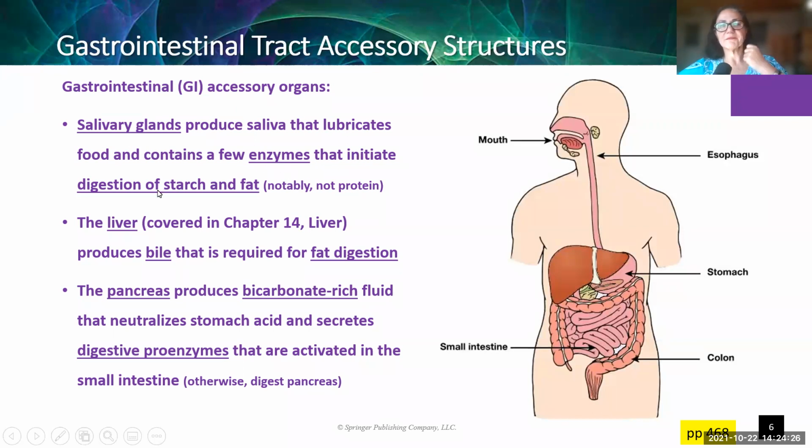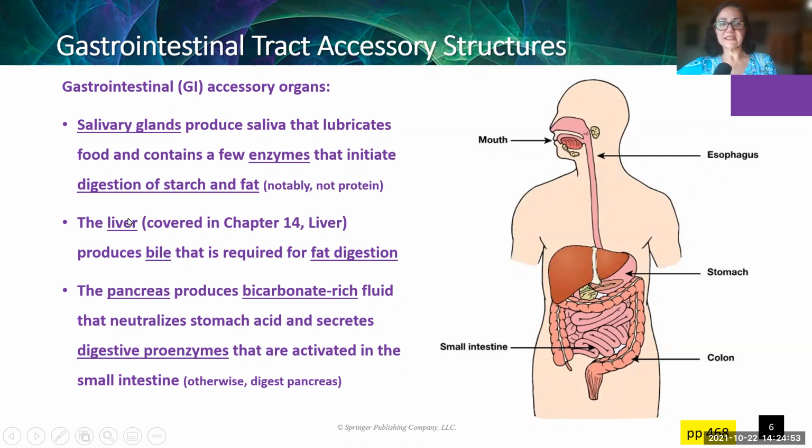And some of the enzymes are for digesting starch and for digesting fat molecules. Now, interestingly, there are no enzymes for digesting proteins, and that's not really an accident. Because if you had it already in your mouth, you don't have a lot of protection here. And so the protein digestion would start eating away at your tissues, which is not good.